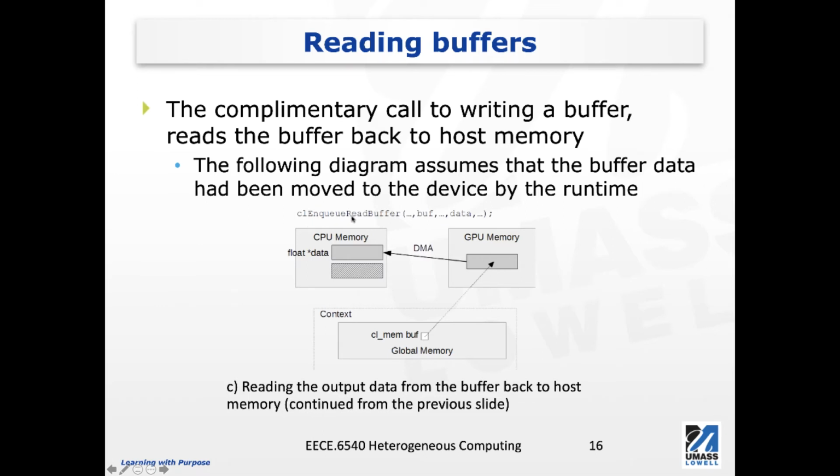Then clEnqueueReadBuffer takes this buffer object as one of the arguments, and also the data, which is the destination where we want to read the data to. This API will cause the OpenCL runtime to actually copy the data from the device side to the host side.